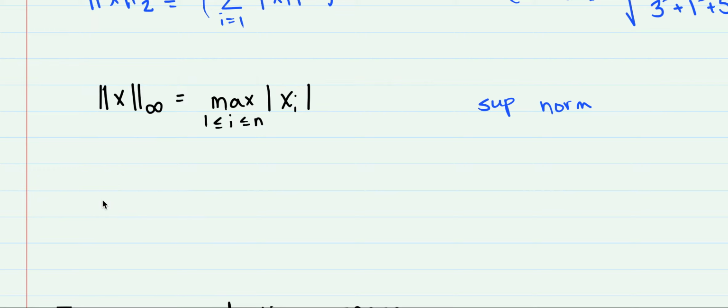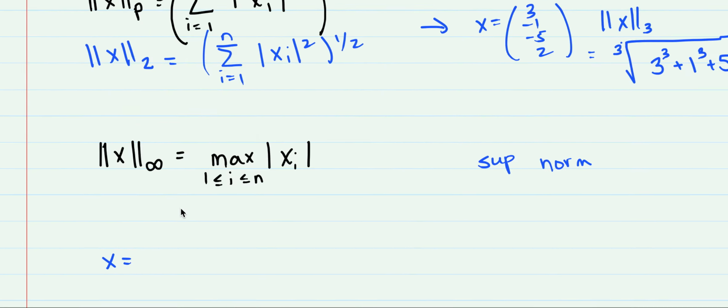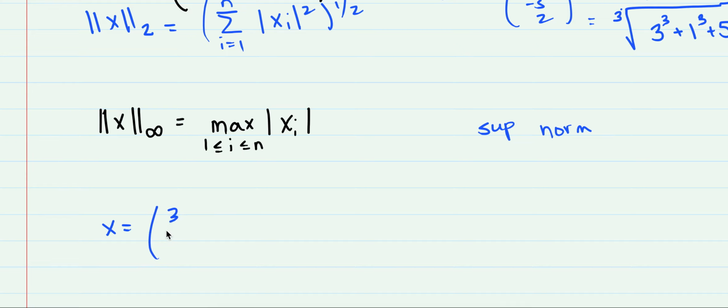So our vector x was 3, -1, -5, 2. So under this norm, we would say the length of this vector is 5, because the biggest number, if you take the absolute value of all of these, is 5, and so that's going to be our length.